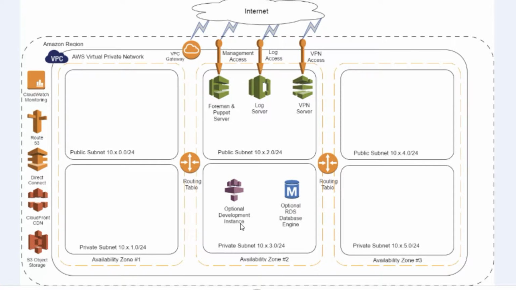We've opted not to create a development instance in this particular test. No GitLab or Maven is required, but we will be building an RDS instance so we can show in the demo later a couple of web servers connecting up to RDS in our fully built and working environment.